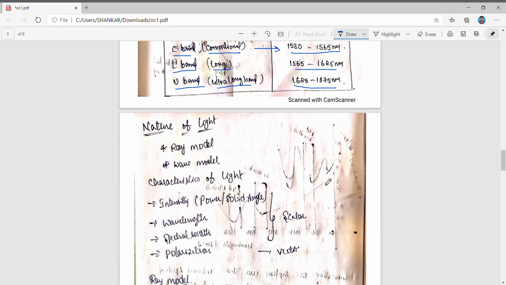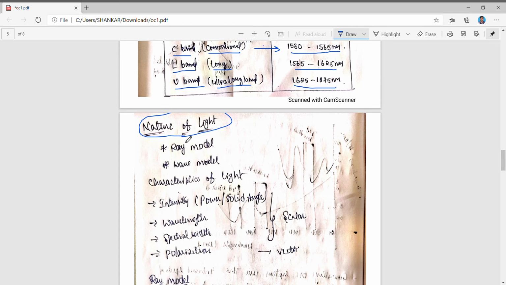The nature of light means how the signal is transmitted. Here the signal is transmitted in terms of a ray model or wave model.